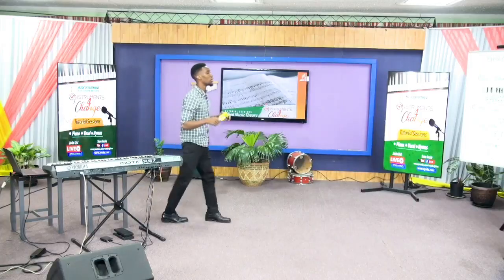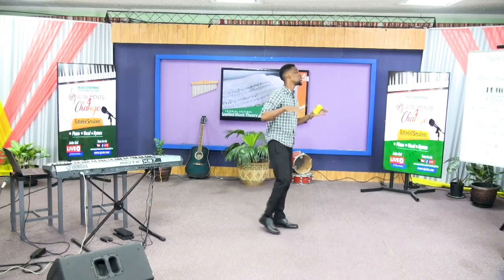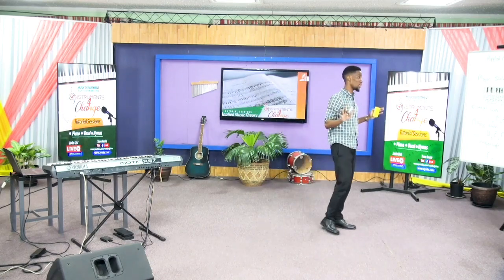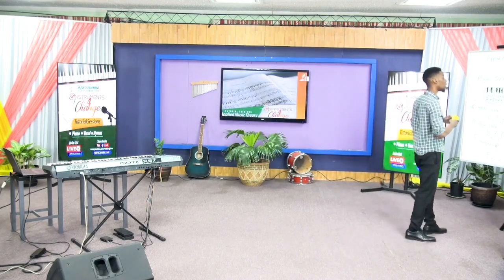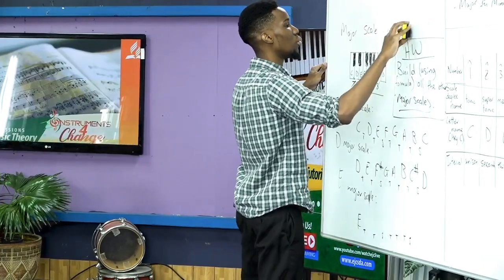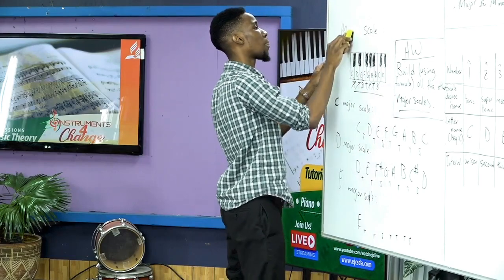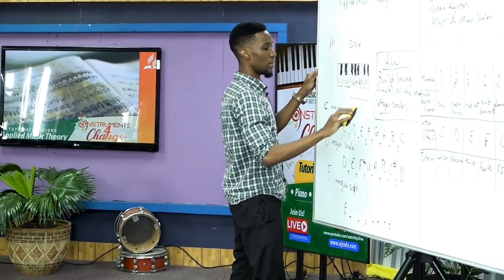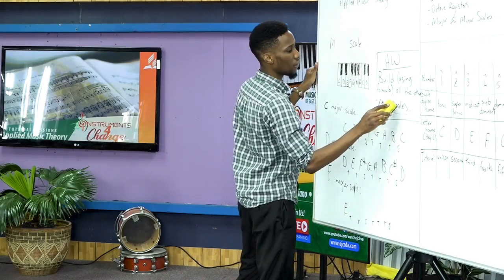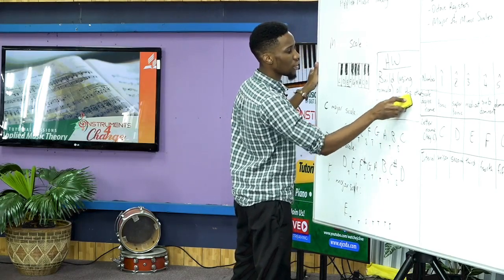So remember, your homework is build all the other. As a matter of fact, not all the other. Build two. Just build two more, all right? You can do E and you can do G, or any two you want to do. You don't have to do all of them. We're going to give you a minor scale homework as well.